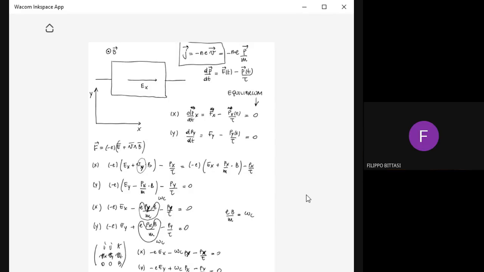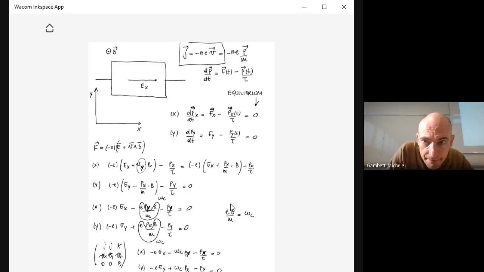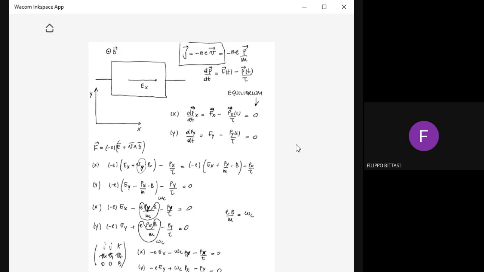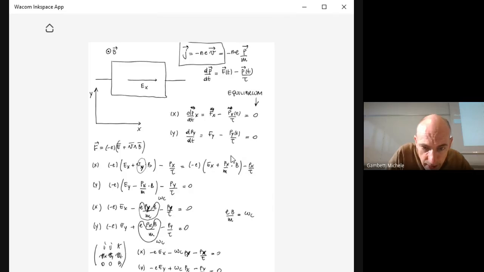Could you please scroll down because I don't see the lowest part? Okay, the lowest thing, okay, thank you. Sorry, I didn't notice that the last equation is right at the border of the blackboard.